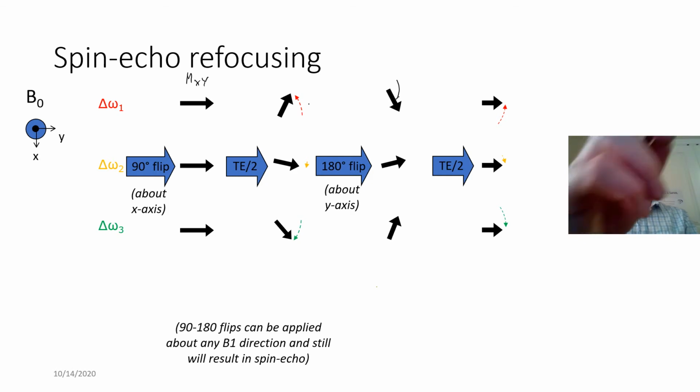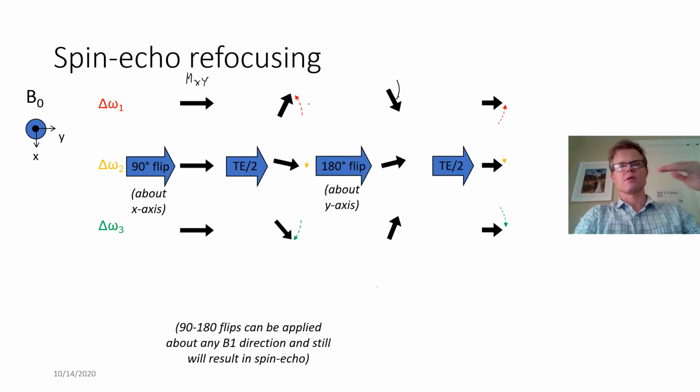Let's follow this spin on the top here. It begins oriented horizontally, it rotates up towards the top here, and it's going to continue rotating in this counterclockwise direction even after this 180. So it rotates counterclockwise, it gets flipped over, and then it continues to rotate counterclockwise.